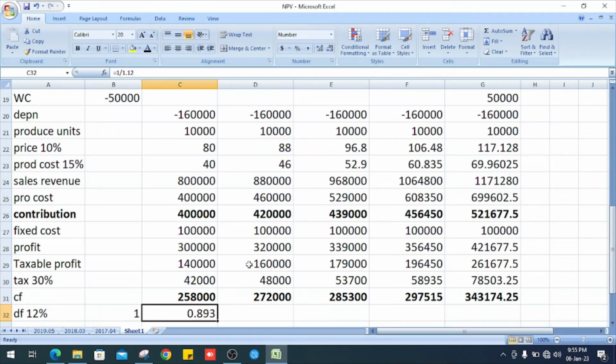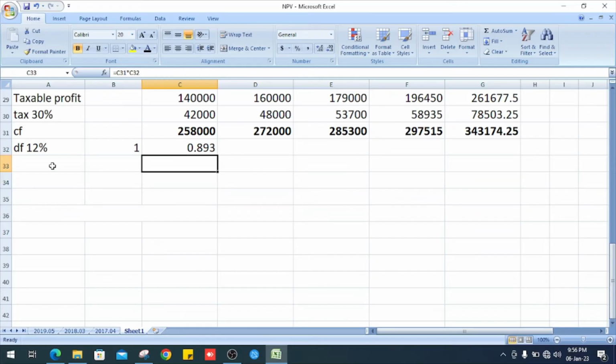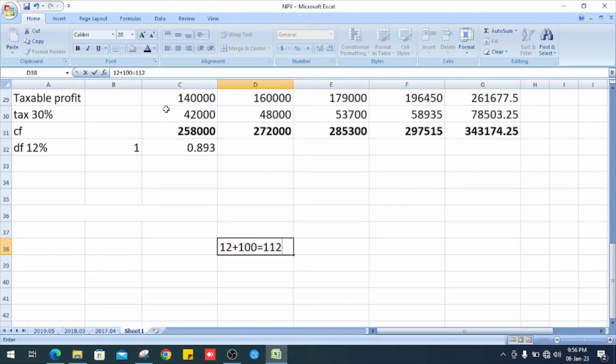How do we get the year 1 discount factor for 12%? The 1 divided by 1.12.